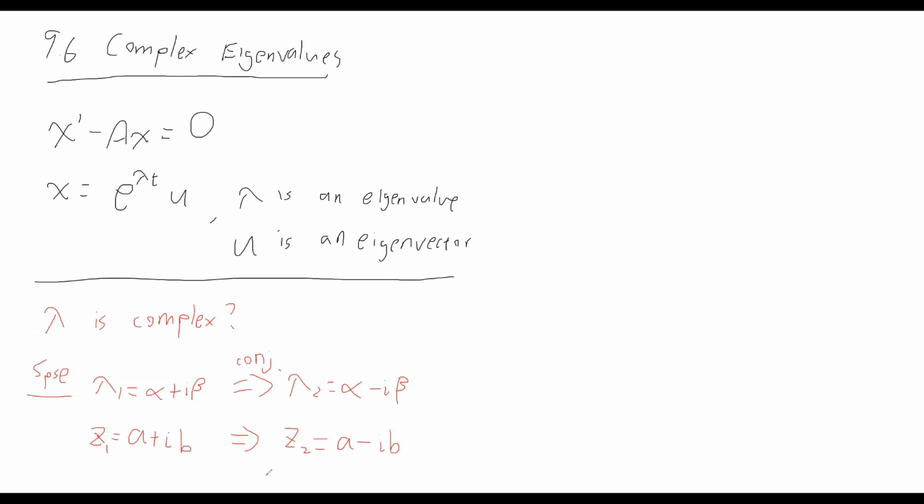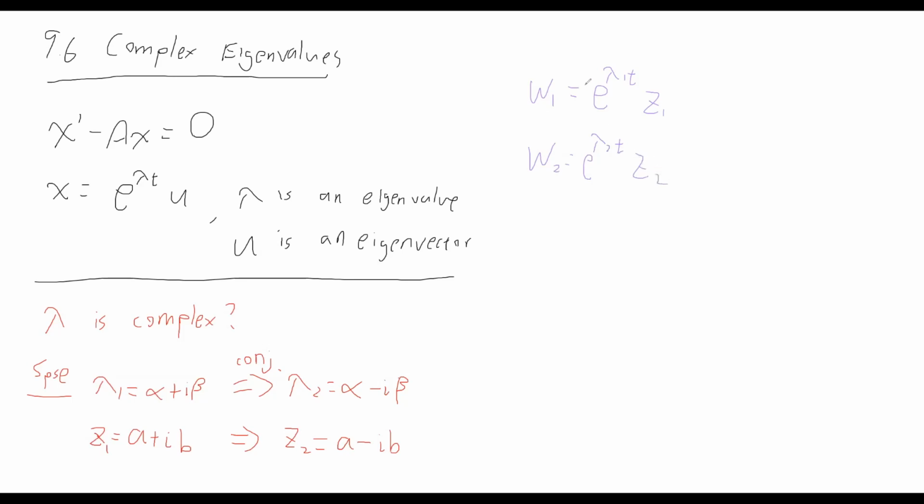All right, so therefore, by doing this and combining with Euler's equation, we will get two linearly independent complex vector solutions in the form of e to the lambda 1 t z1, and another one, e to the lambda 2 t z2.